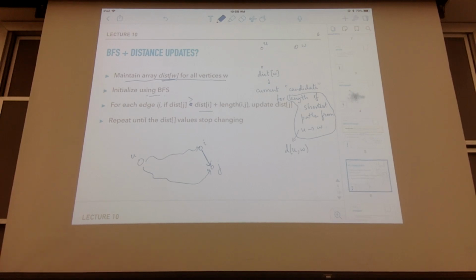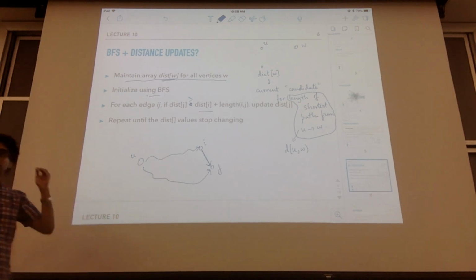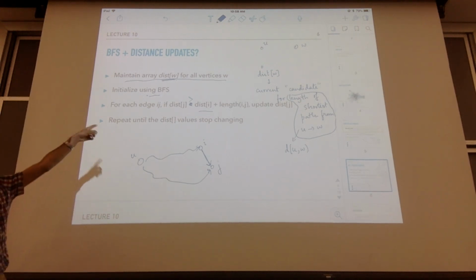So the point is that you define a dist value for every vertex. Even though you're only interested in the distance to v, you define this dist value for every vertex. So you maintain an array. And what we are saying is if you have an obvious improvement, you can do it, and do this for every edge.